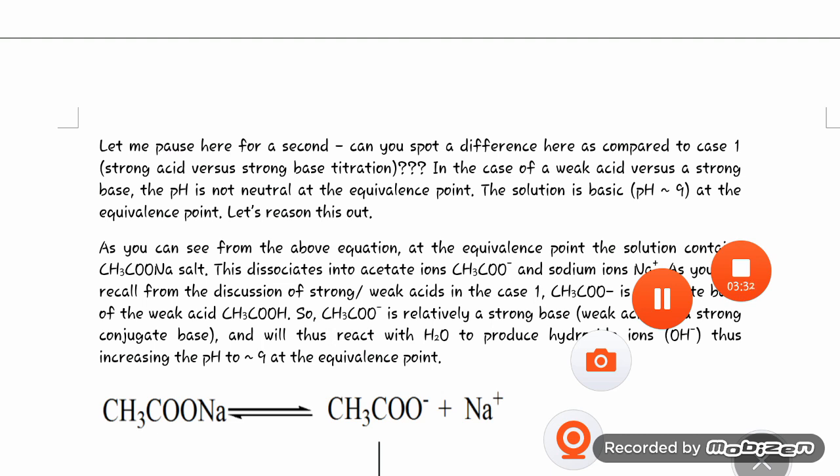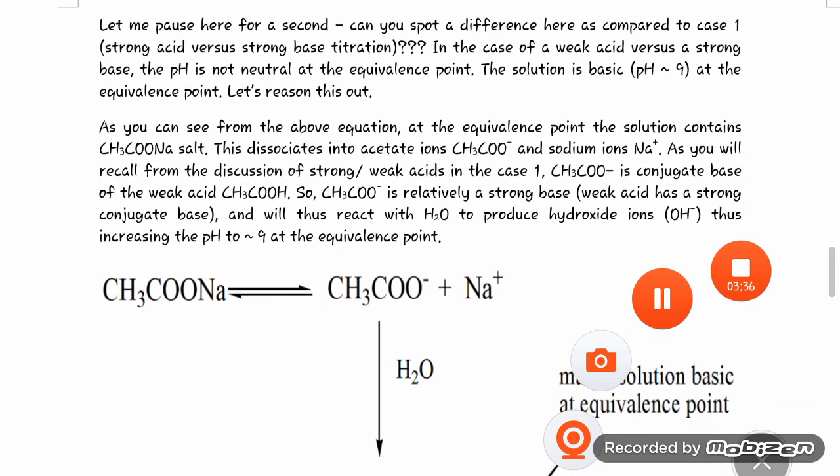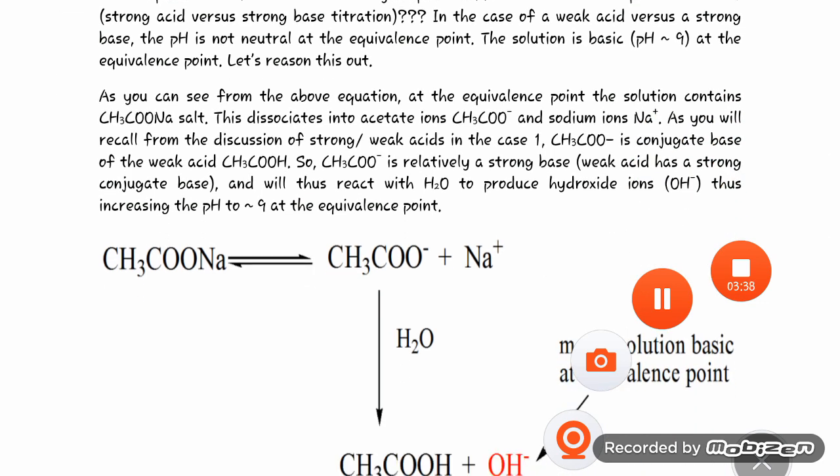Let's reason out why. As you can see from the above equation, at the equivalence point the solution contains CH3COONa salt. This dissociates into the acetate ion, CH3COO minus, and the sodium ion, Na plus. As you will recall from the discussion of strong and weak acids in case 1, CH3COO minus is the conjugate base of the weak acid CH3COOH.